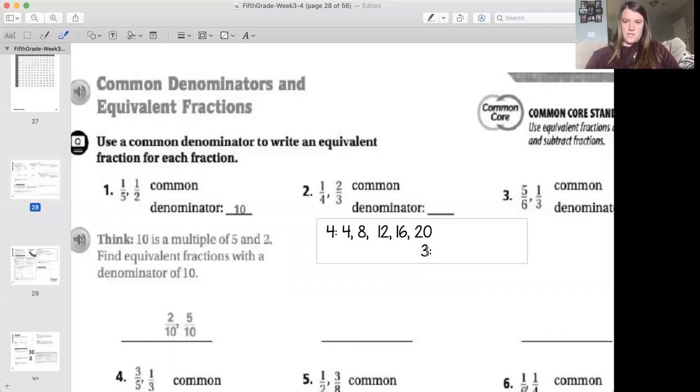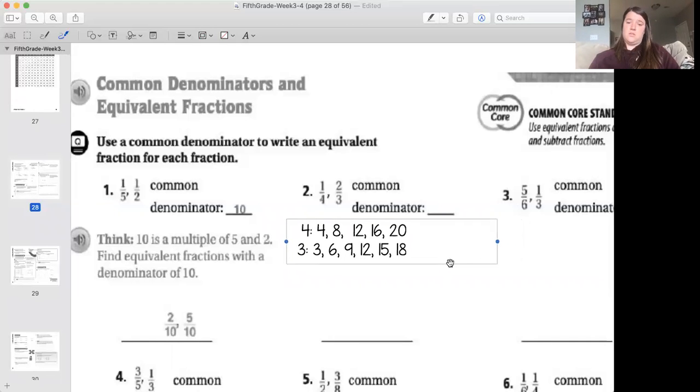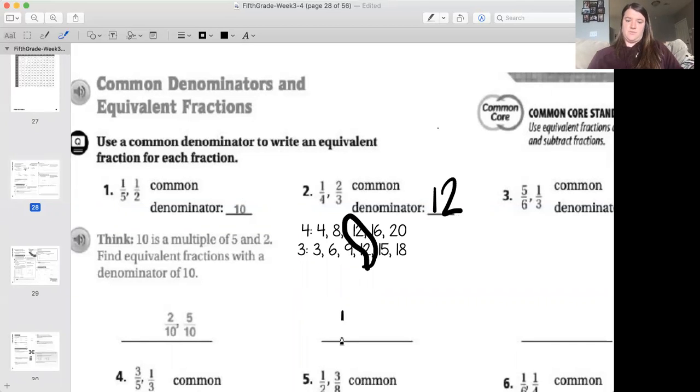And then for 3, that would give us 3, 6, 9, 12, 15, 18. Okay, so then you figure out which one is the smallest that they have in common, and I quickly noticed that that would be 12, and so my common denominator, my answer here, would be 12.